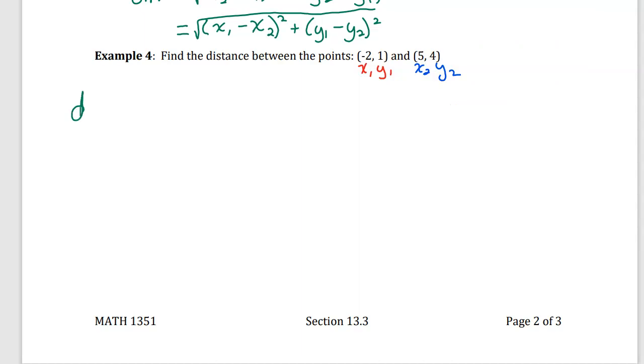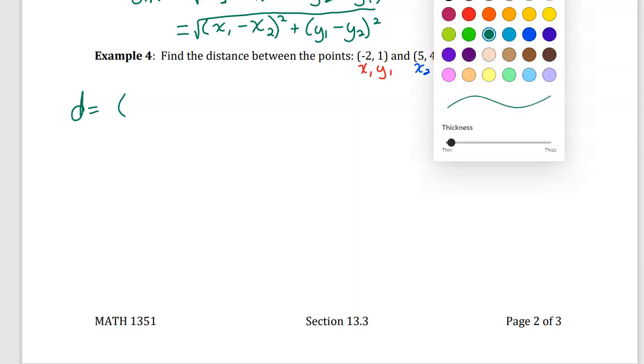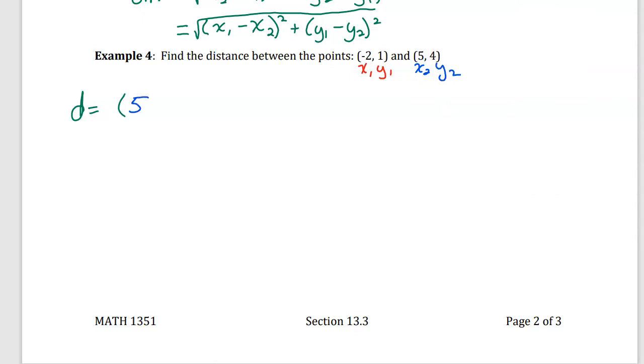And I want to find the distance. And that's going to be, I'm going to start out with doing the x2 minus x1. So I'm going to take 5. And you'll kind of notice where I'm changing the colors.